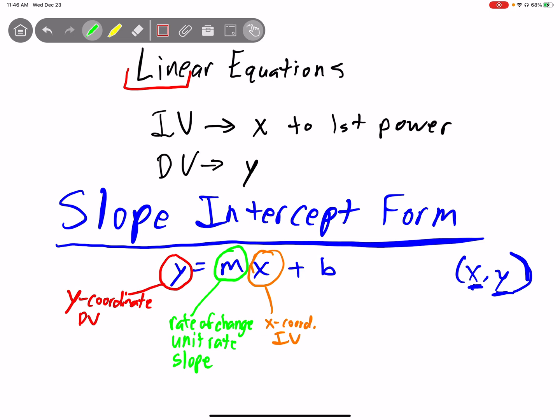Another term that you're going to hear a lot when dealing with m is rise over run. Each one of these means the same thing. The rate of change, some of you might think of it as a scale factor. I get it. It's the number that you are multiplying your independent variable by. It's also considered a coefficient. It is the coefficient of x.